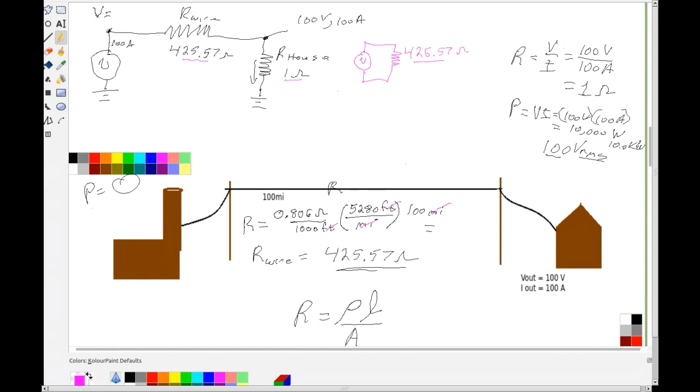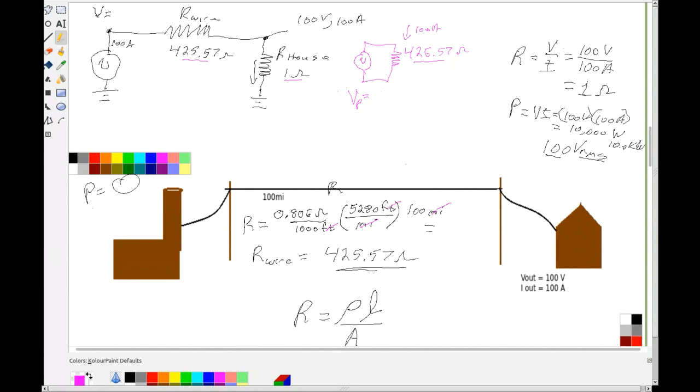And so the voltage at the power company, right? So the voltage the power company is supplying me is going to be, knowing that I've got 100 amps flowing through here, right?